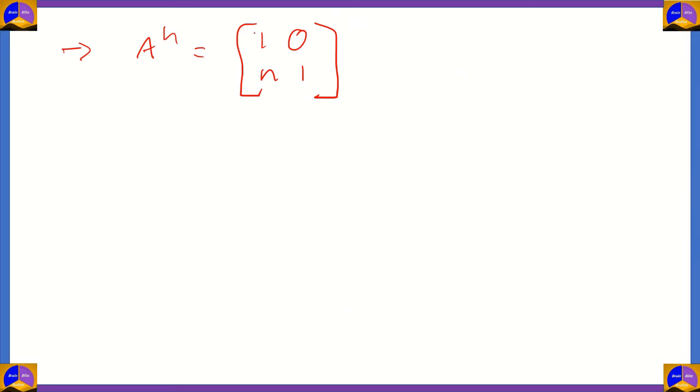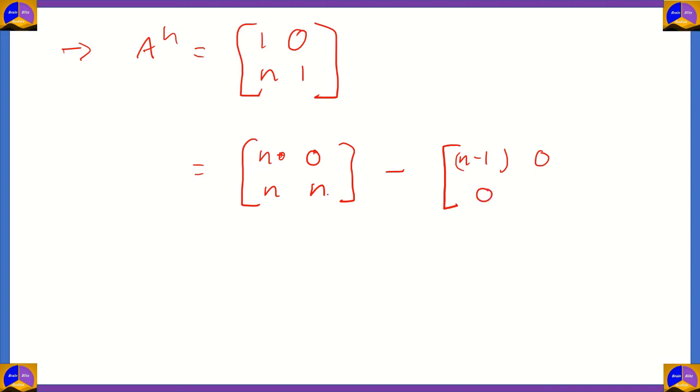So, if you have n and you need to obtain the element 1, then you can just subtract n minus 1. So if you take [n, 0; n, n], then you can write n minus 1, and then 0, and then n minus 0 will still give you n, and then over here, since it's 1, you can write n minus 1.